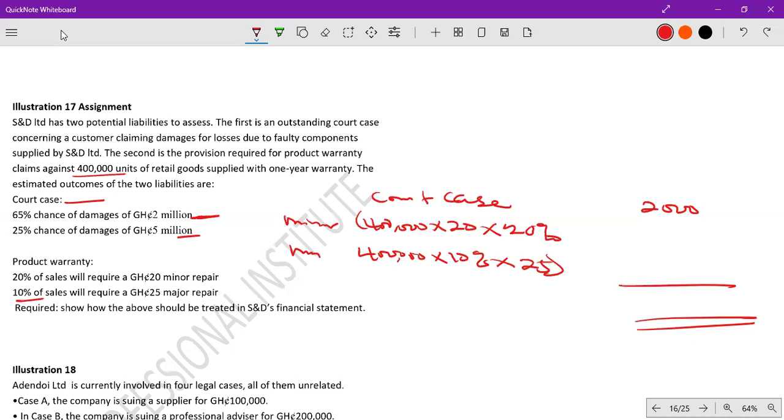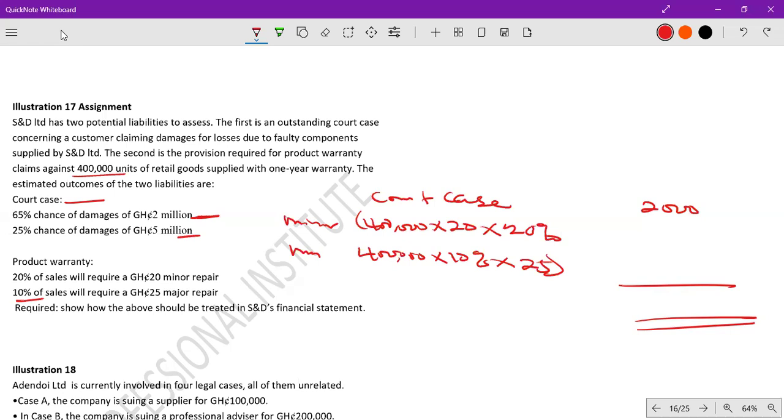Then 10% will require major repairs, and they all have their cost of repairs, multiplied by the units sold in total, times the probability of the percentage of their occurrence. That's all. Is that okay?